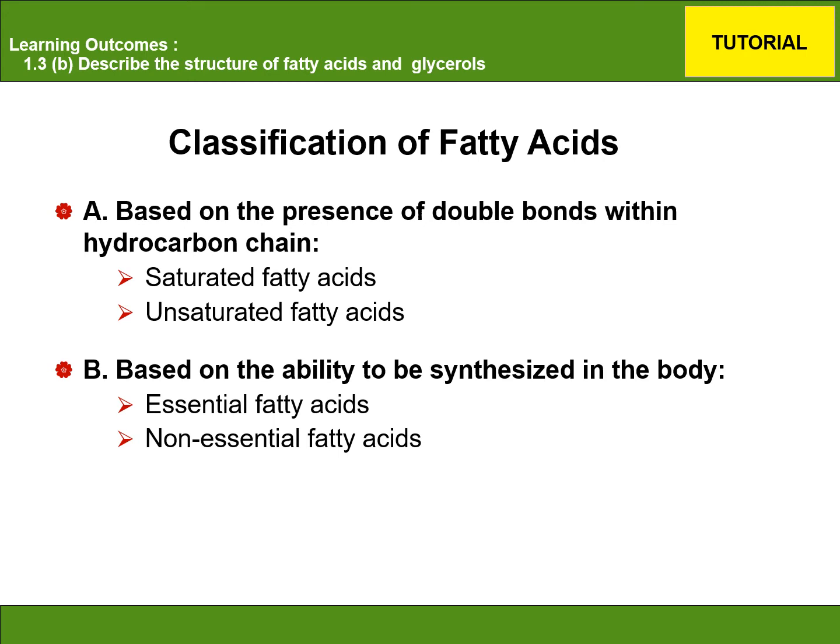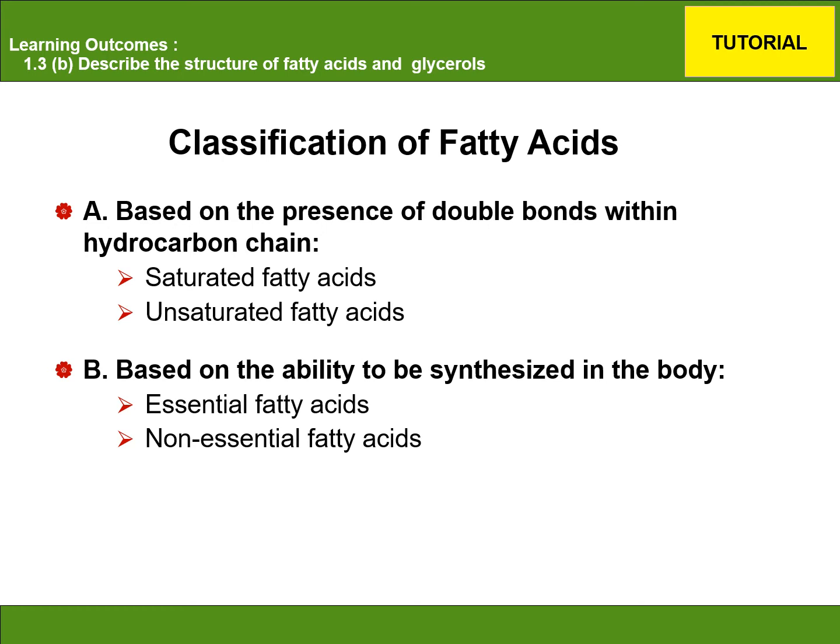Saturated fatty acids consist of a hydrocarbon chain with no double bond, whereas unsaturated fatty acids consist of a hydrocarbon chain with double bond. Secondly, based on the ability to be synthesized in the body, it can be divided into two.